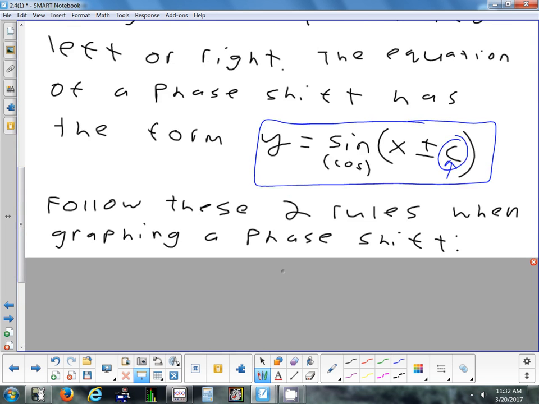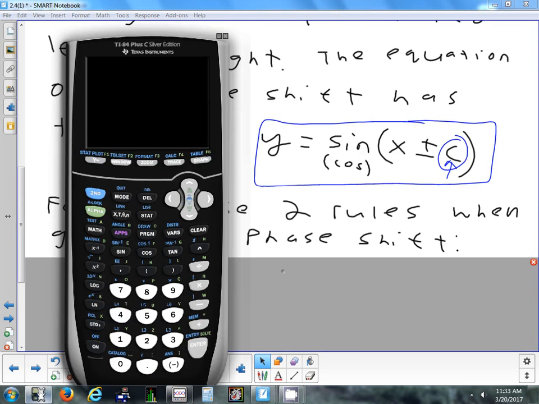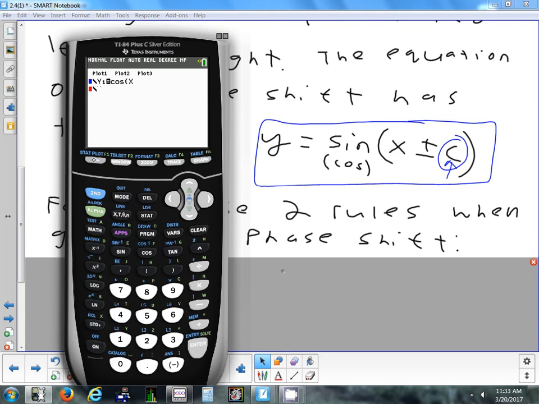Okay, so we've got to figure out basically when do we shift left and when do we shift right. There's one rule to tell you when you go left and one to tell you when you go right. Does anyone have a guess what plus is going to do? Right, it's going to shift right? Any other guesses what it could do? Left. It's one of those 2. Let me graph something.